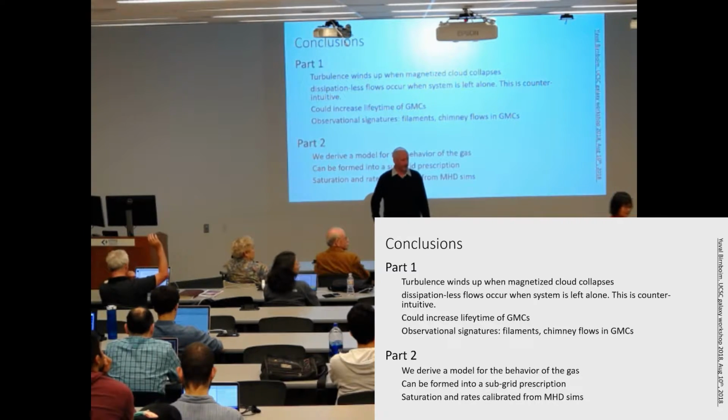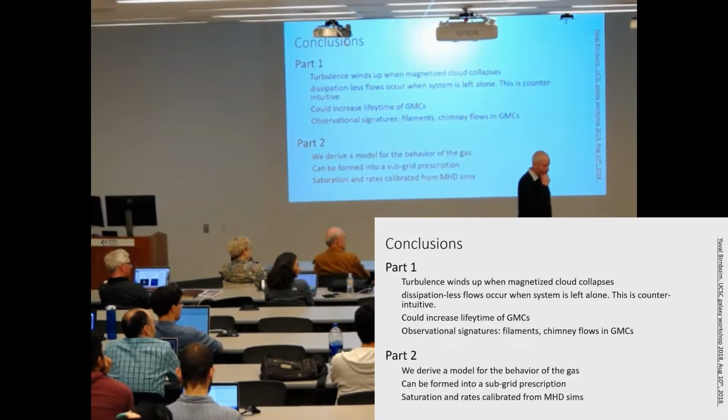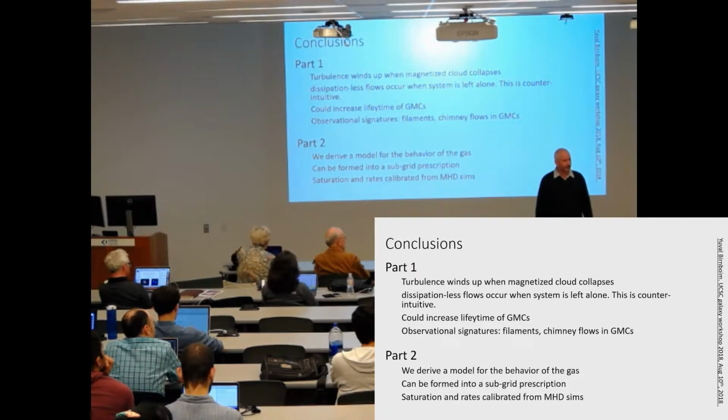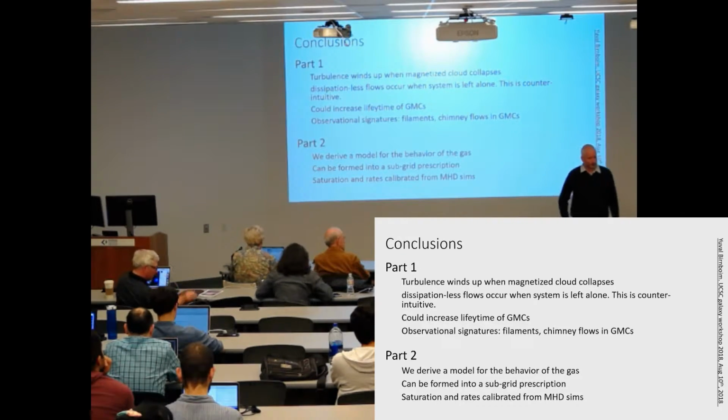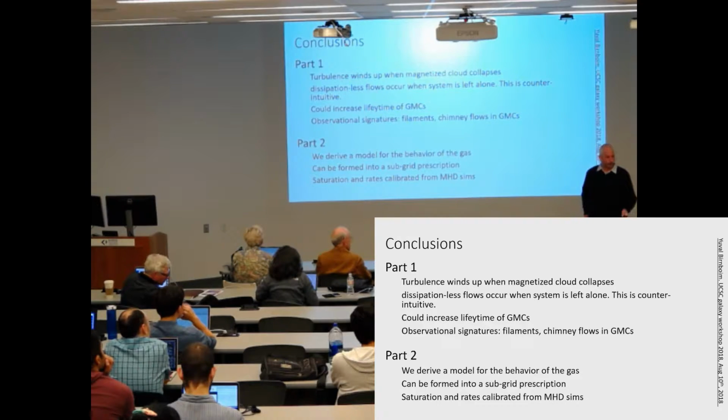Questions? How do you think your box geometry affects the result? For example, with your channel flows, because you have a periodic box, they make the cloud flow back into itself, whereas in reality, it would actually move segments of the cloud apart. And also, in a real galaxy, you'd have some galactic-wide shear, which might modify the outcome. I agree to both comments.